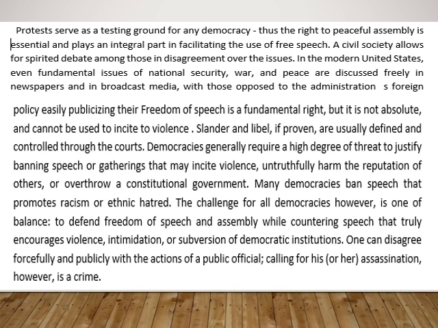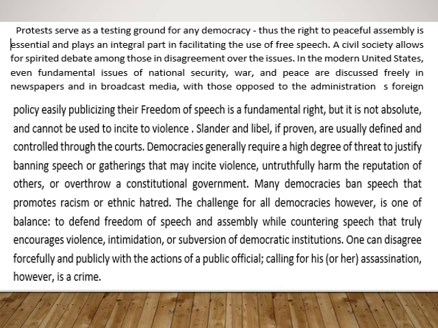Another important issue could be how democracies deal with this. Many democracies ban speech that promotes racism or ethnic hate.